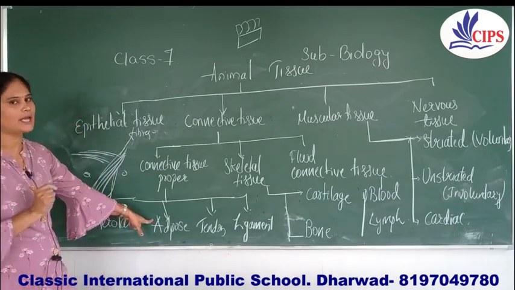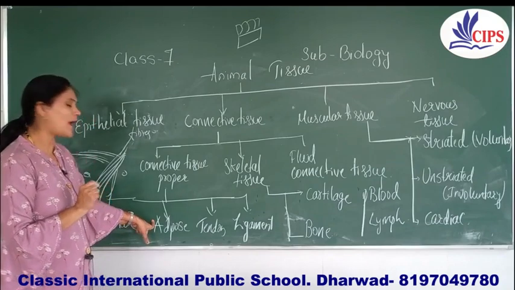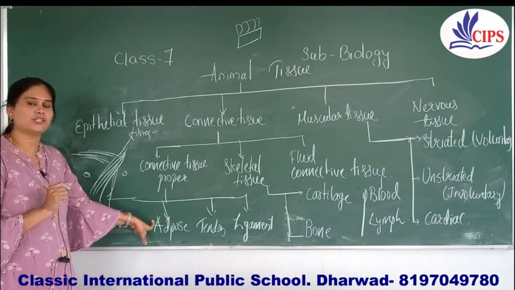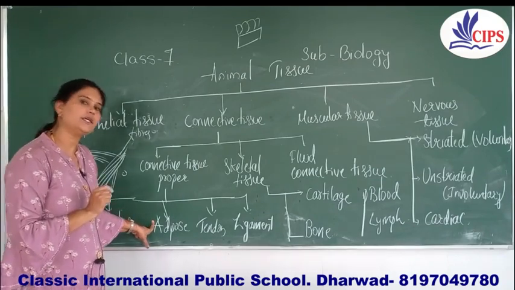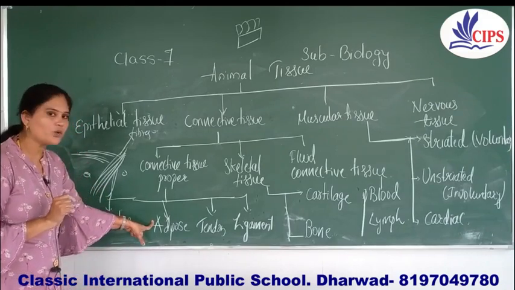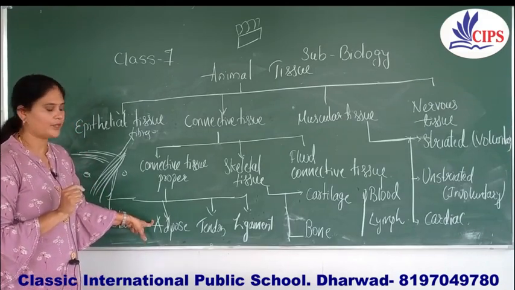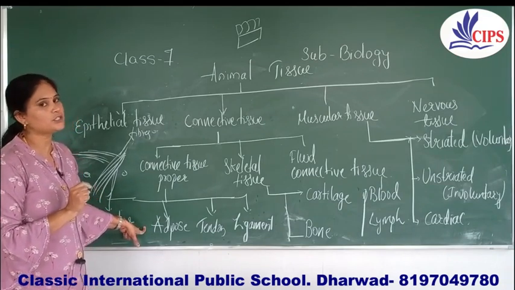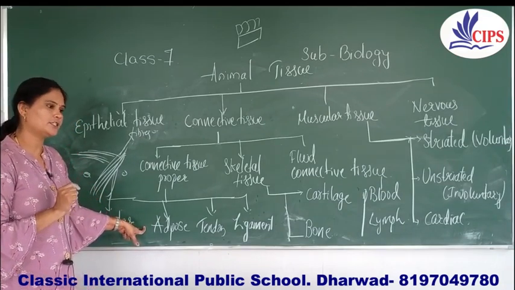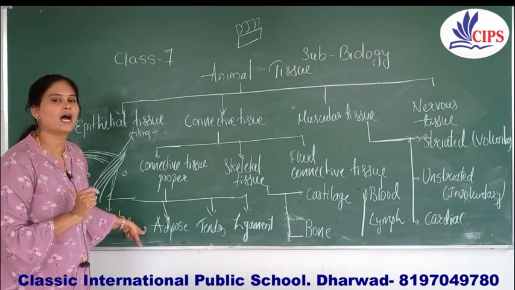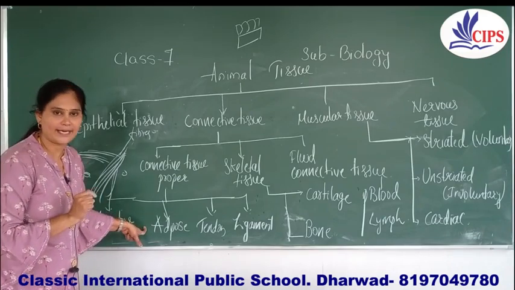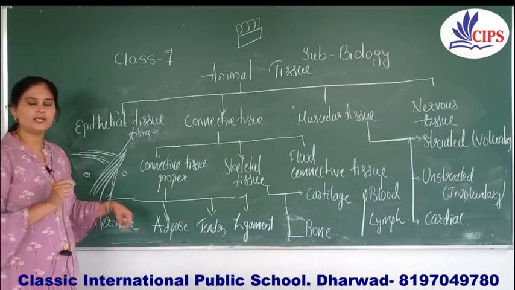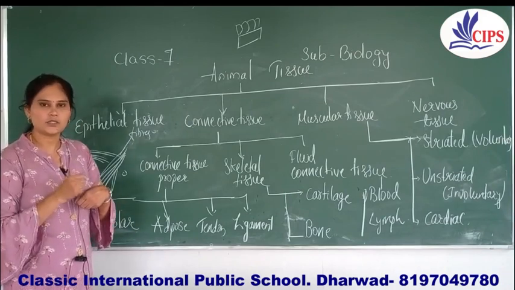Next, we will move to the adipose tissue. Adipose tissue is a specialized connective tissue which stores fat, and the cells which store the fat are called adipocytes.